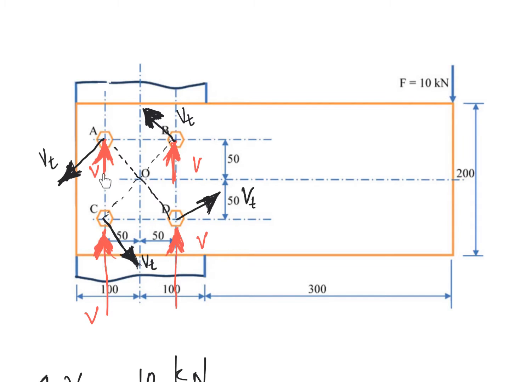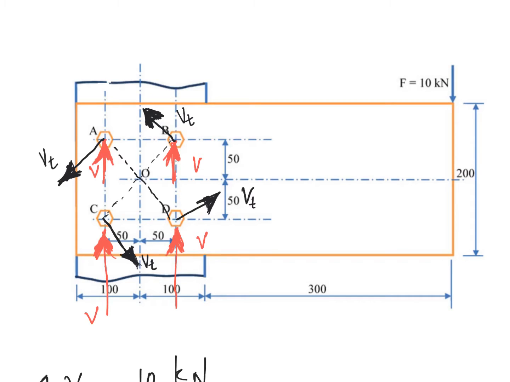The red one, capital V, acting on the four bolts, will resist this 10 kilonewton downward force. These four V's together will prevent the downward sliding of the rod. In addition to that, you can see some Vt I have drawn.